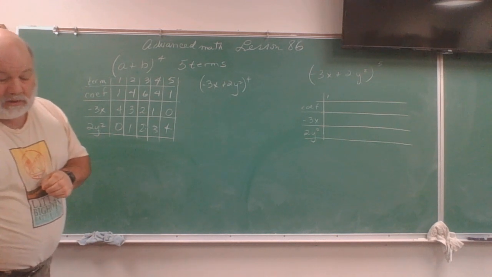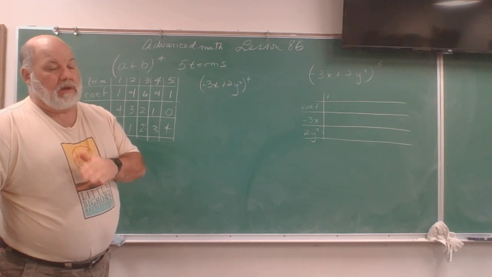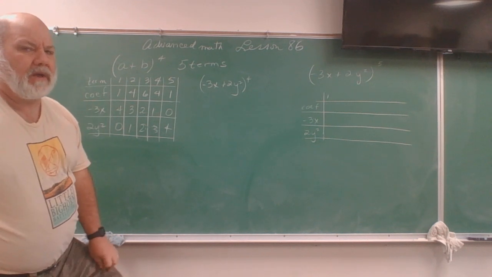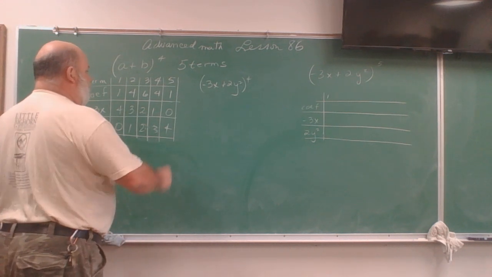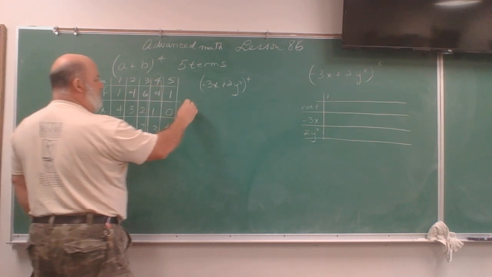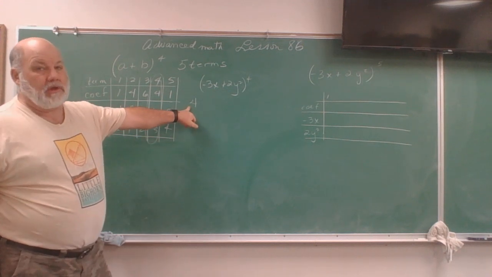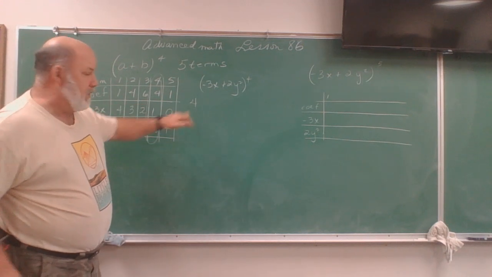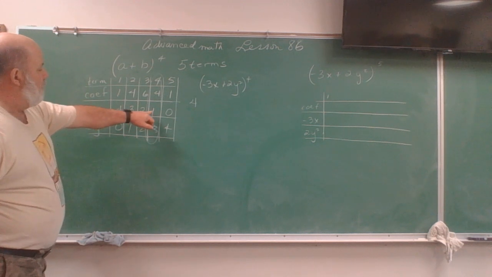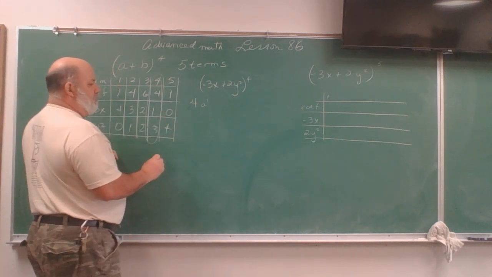Now this question only asks for the fourth term. We're going to do that first, but then we're going to talk a little bit about the expansion of it. So the fourth term is right here. And my leading coefficient is 4. Now that's not going to be the coefficient of my final answer because of this. The first term, earlier we had a to the first power.